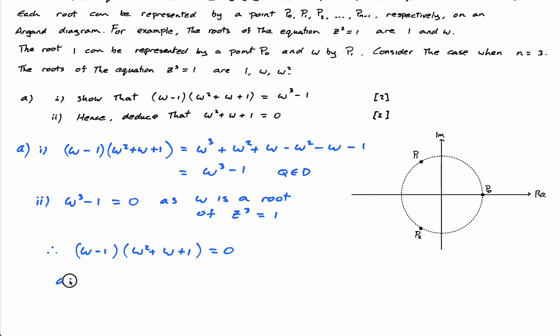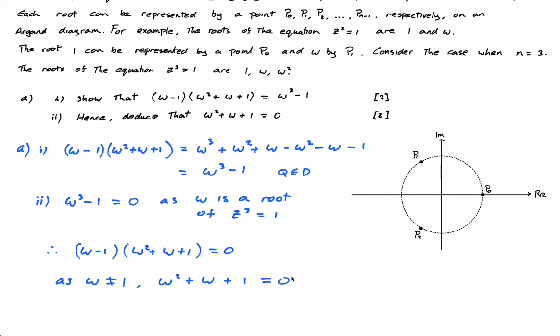So as omega is not equal to 1, omega squared plus omega plus 1 has to equal 0, and that's it.